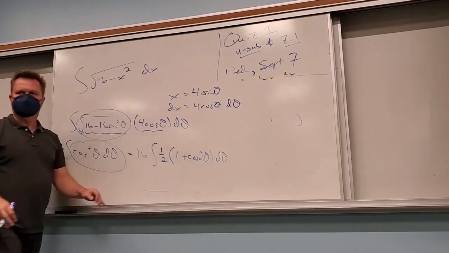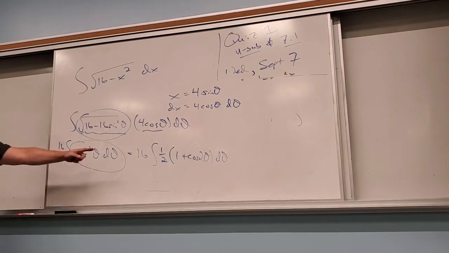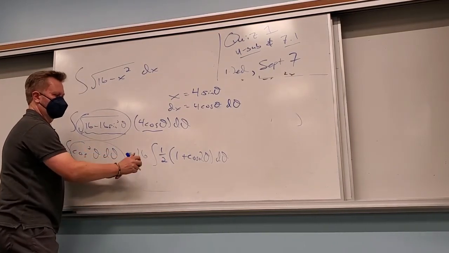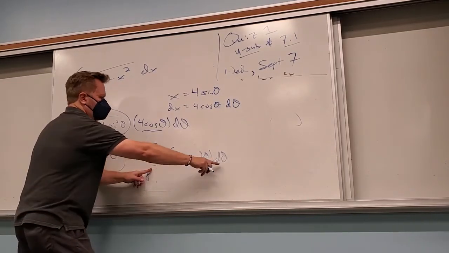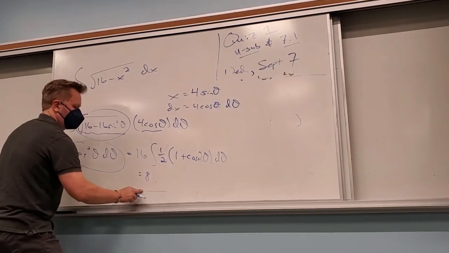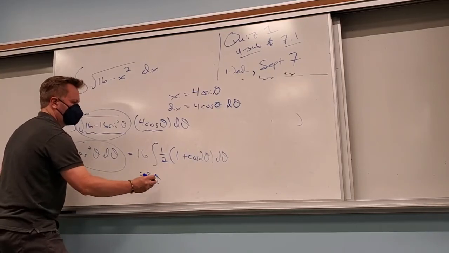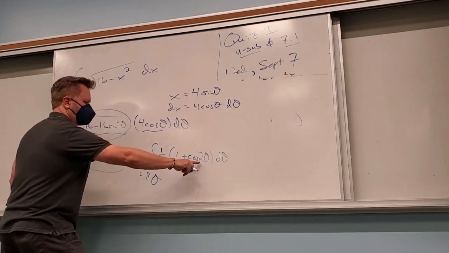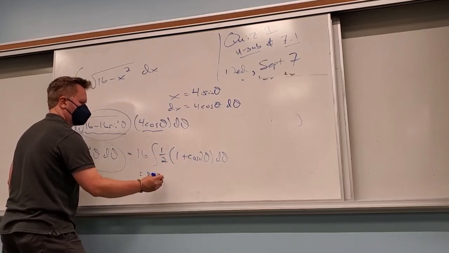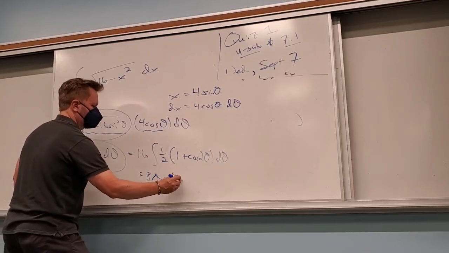Is that cool? So now I can make it an 8, is that right? Yeah. 8, what's the integral of 1 d theta? Theta. And what's the integral of cosine 2 theta? 1/2 sine 2 theta.